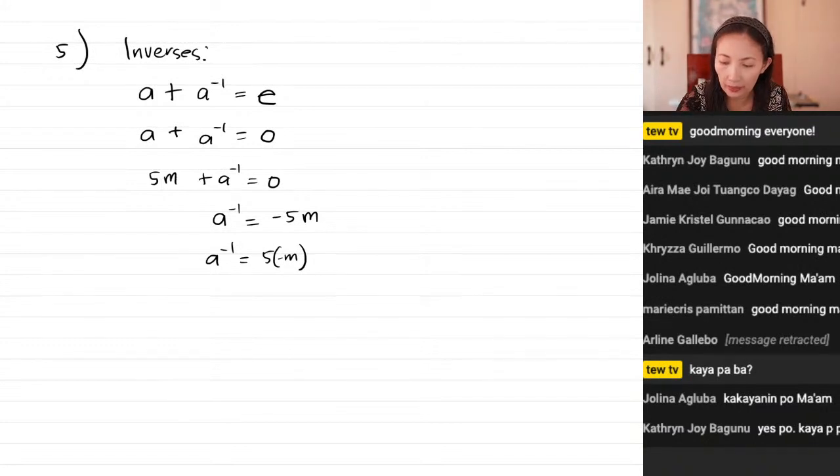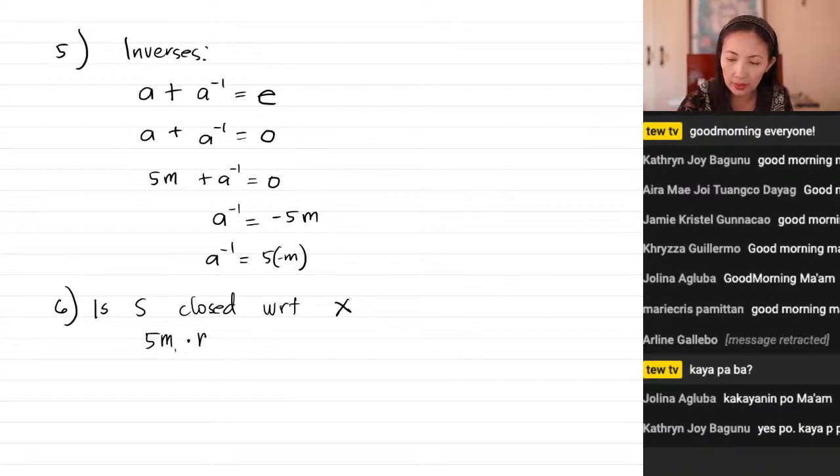Negative 5m. Number 6 is: is S closed with respect to the next operation, multiplication? So just the same, 5m1 times 5m2, will it be equal to 5m, the form of the members of the set?